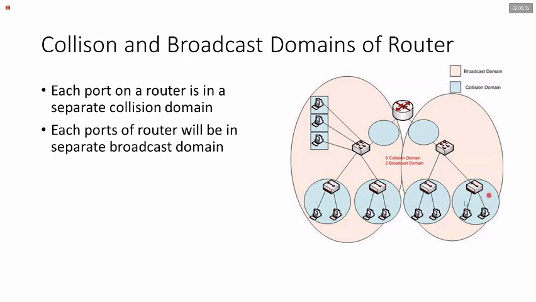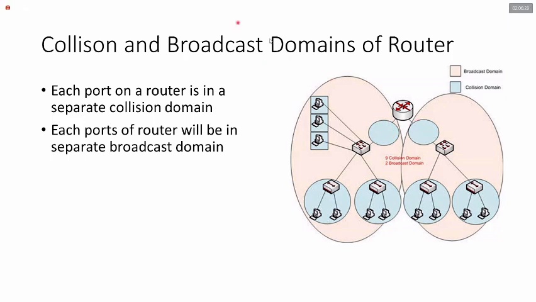Then each of these computers connected to the switch is in a separate collision domain. Remember what we learned about switches: two computers connected to a switch are not in one collision domain because you will not get collisions, so they are assigned separate collision domains. And this connection is one collision domain, and this is also one collision domain. So you have an understanding of collision domains.